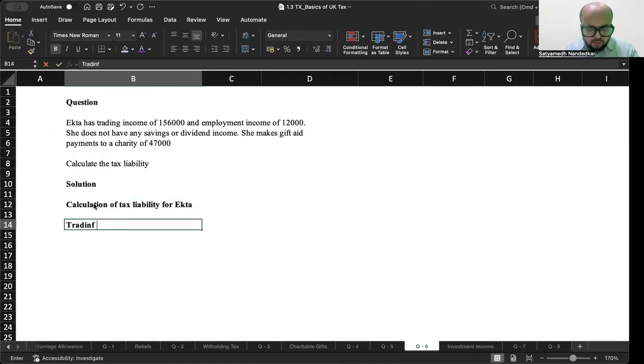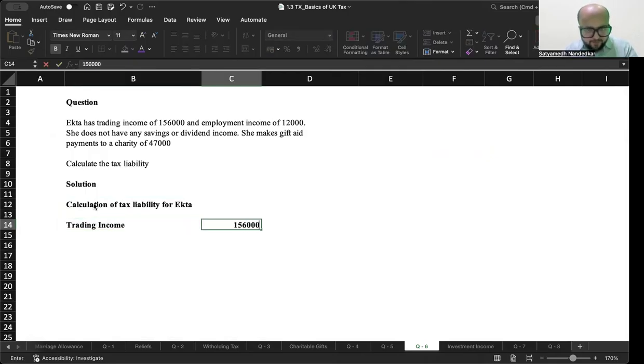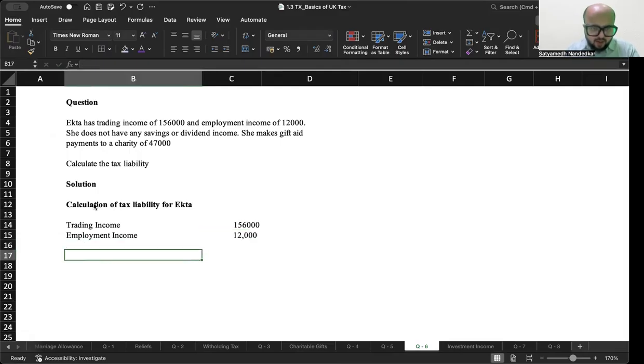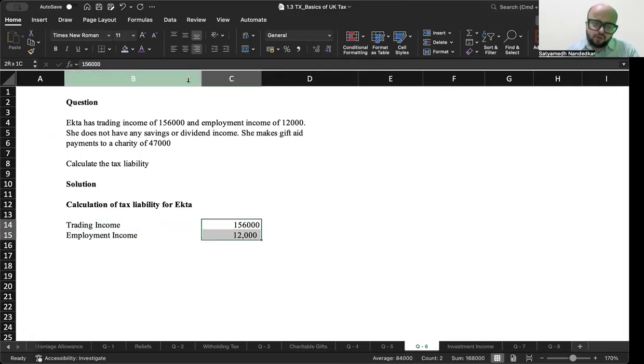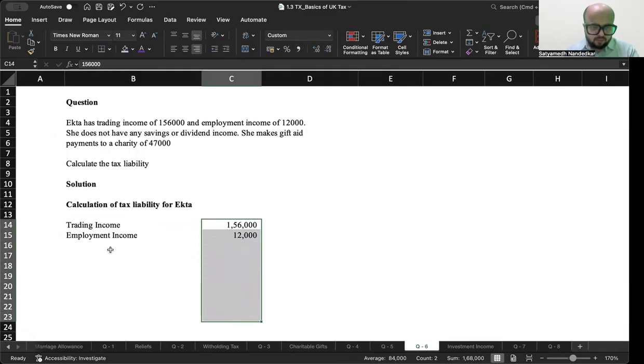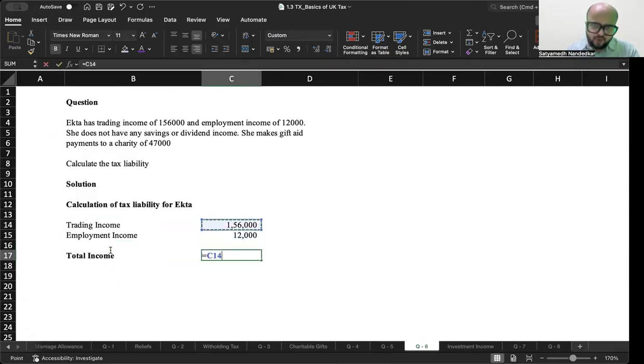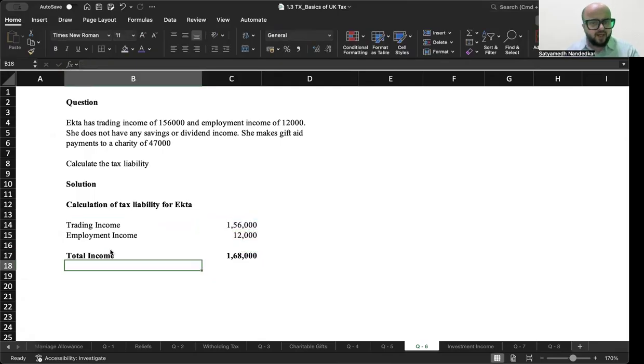So trading income 1,56,000. Employment income 12,000. So what is my total income? 1,56,000 plus 12,000. How much does that come to?